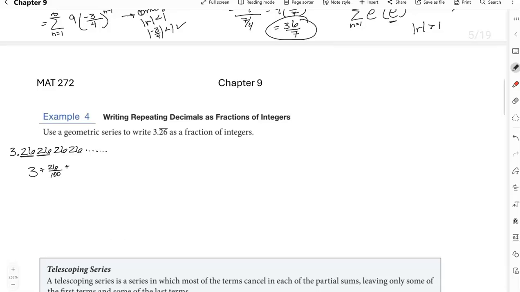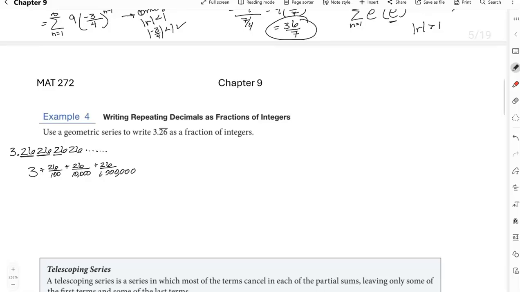That next group would be 26 over 10,000. And then that third group would be 26, and I'm going to add 2 more zeros, which would be 26 over 1 million.